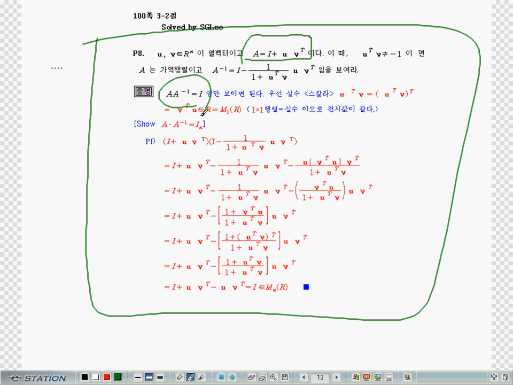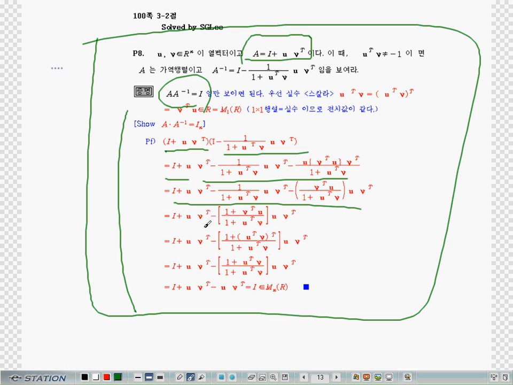The previous one is just a general version of this proof. If you multiply these two matrices, it can be simplified in this way, and eventually these two cancel, and only the identity matrix is left.